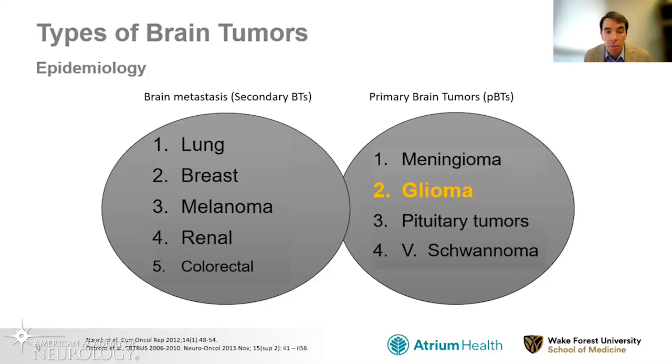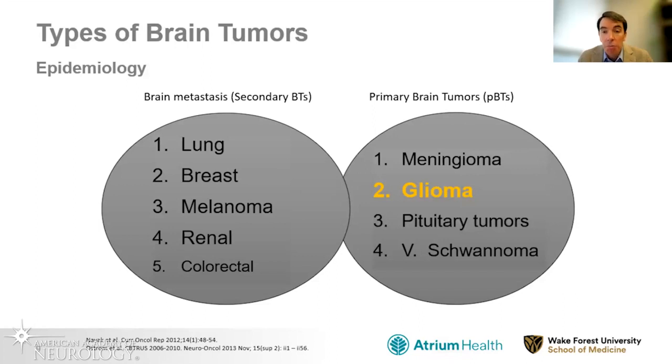Lung and breast are common causes of brain metastasis because they're common tumors. There's just a lot of lung cancer. There's a lot of breast cancer. And so eventually, even though there's not a predilection for the brain, they head to the brain. Melanoma has a predisposition to the brain, and it shows up bright on the pre-contrast T1 and can bleed. And renal cell carcinoma also can show up in the brain and can bleed as well. And so that's how we think about those lesions on the brain.